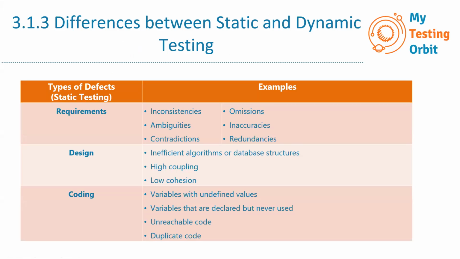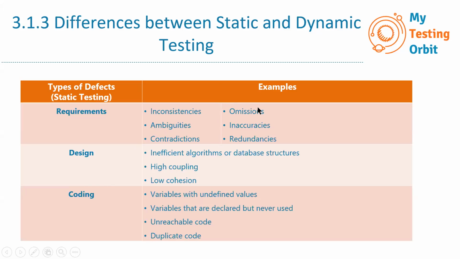Okay, so now we'll go through some types of defects which can be identified during static testing, and we'll also go through their examples. So first of all, in requirements, we can identify defects like inconsistencies, ambiguities, and contradictions, like if there are two different requirement documents and at one place there is one specific requirement, but at the other one it's contradicting what it said earlier.